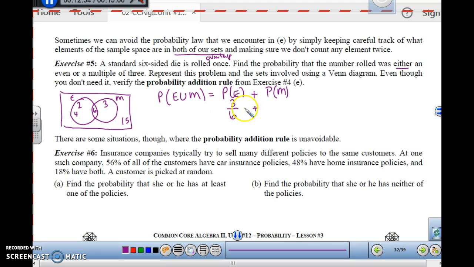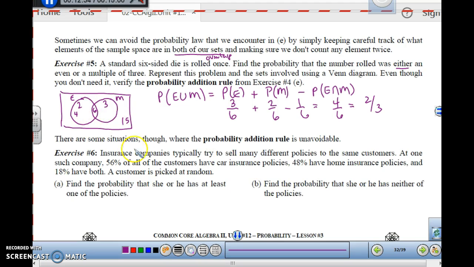Well, that would be 2 out of 6. Okay, there we have that. And then what is the overlap? All right, E intersection M. Oops, that's M, not B. It would be 1 out of 6. So your probability would be 4 out of 6 or 2 out of 3.